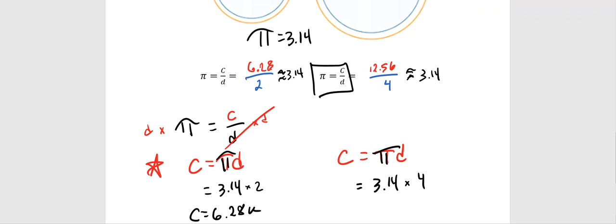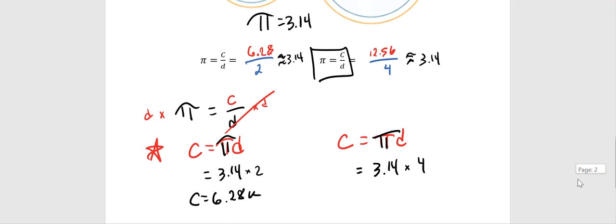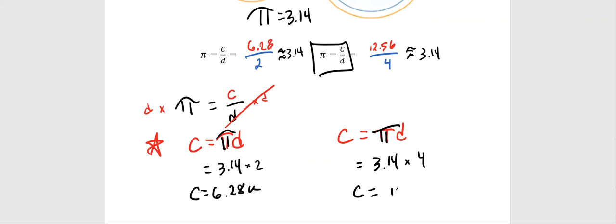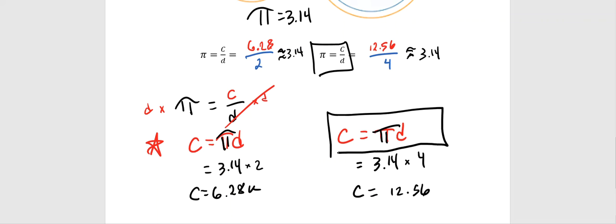So that we want to prove that the circumference is as it was measured. 3.14 times 4 will give us a circumference of 12.56. So this is a key formula for us to work with. To find the circumference of any circle, we can say it is equal to multiplying pi times the diameter.